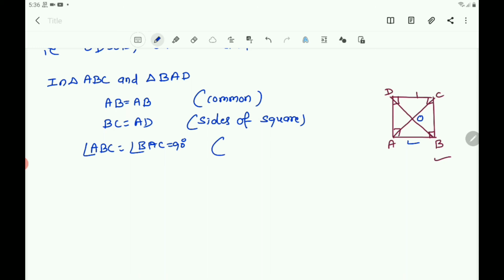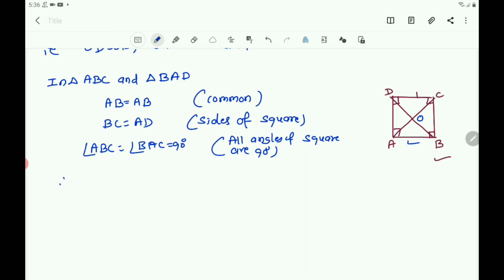That is also you can write: all angles of a square are right angles, 90 degrees. So they are the angles of the square, and also the angles of triangle ABC and triangle BAD.